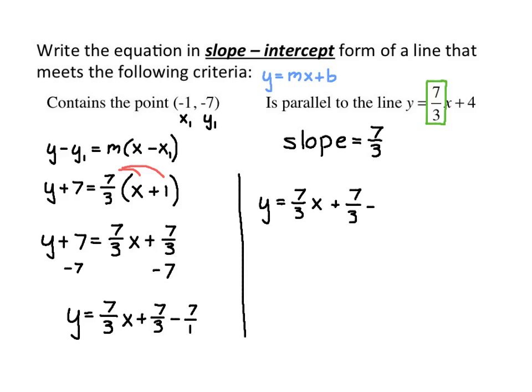And if I multiply top and bottom by 3 on that 7/1, we get 21/3. And now we have a common denominator. So now we can subtract, giving us our final form of the equation, y equals 7/3 x minus 14/3. And since we've solved for y and simplified, this is now our slope-intercept form that they asked for.